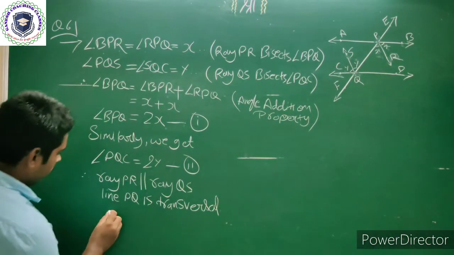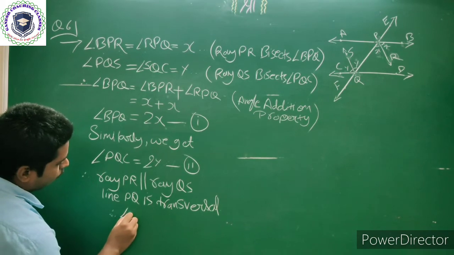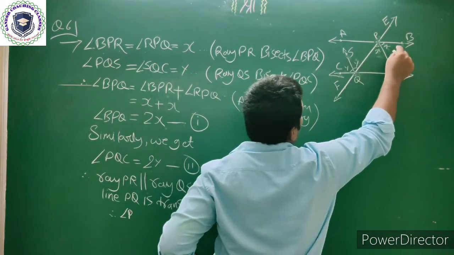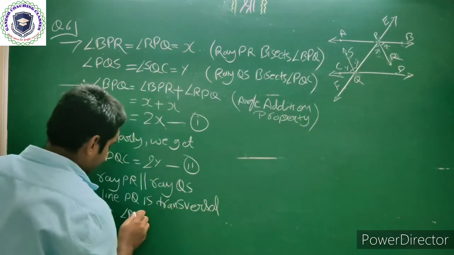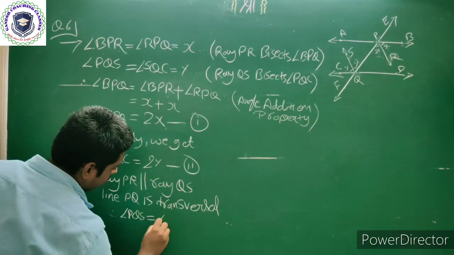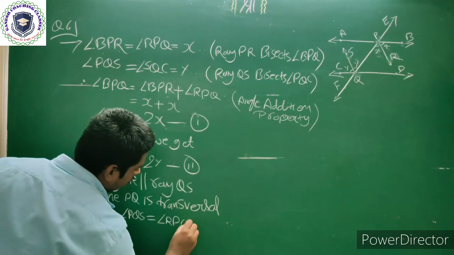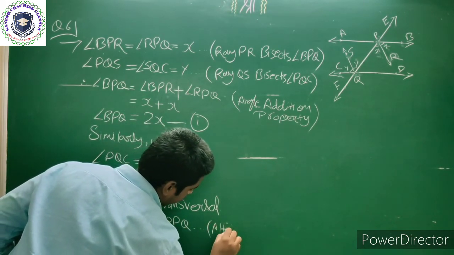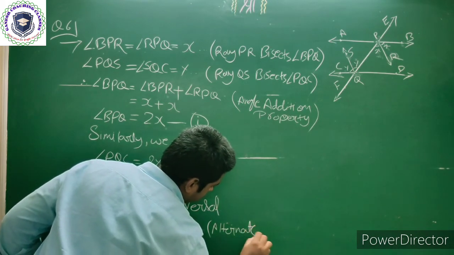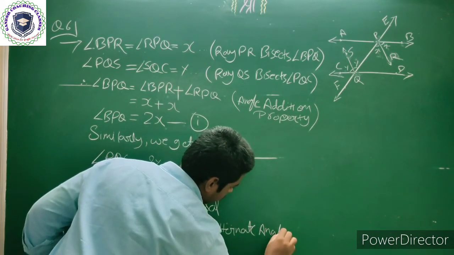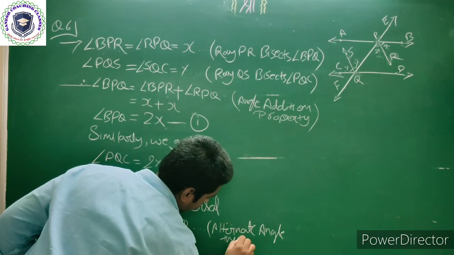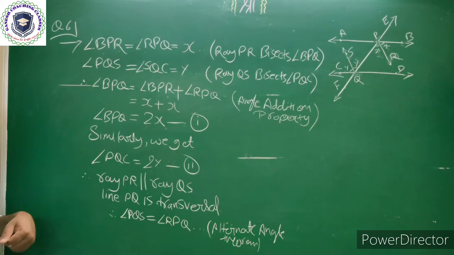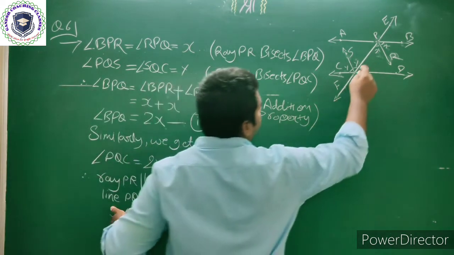So we can write, therefore, angle PQS is equal to angle RPQ. What is the reason here? By the alternate angle theorem.